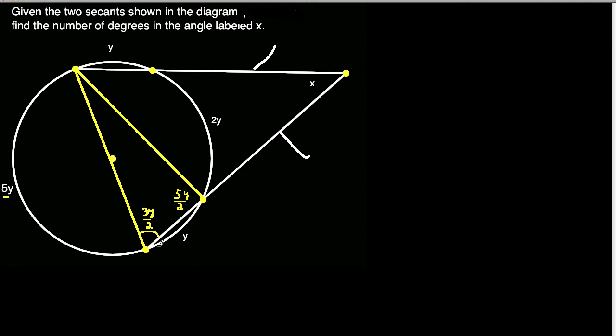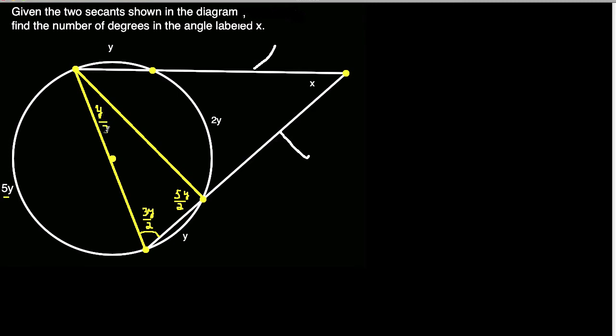And this angle right in here is an inscribed angle that subtends this arc, which has measure y. So this angle is y over 2.